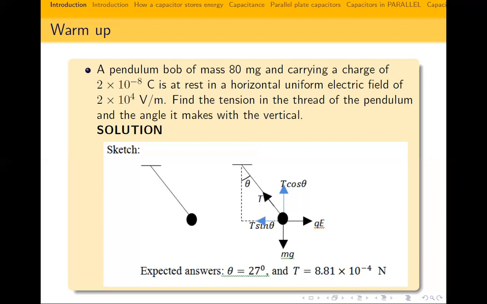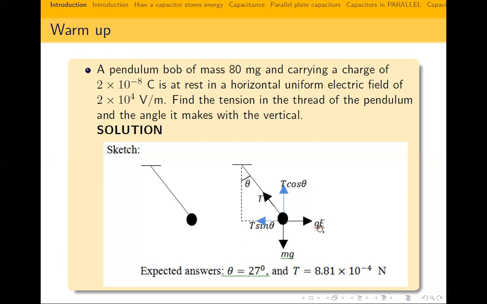So we have two main forces. That is the tension that you can see, T here, and we have the weight, which is mg. All the others are components. For example, QE is the electric force.